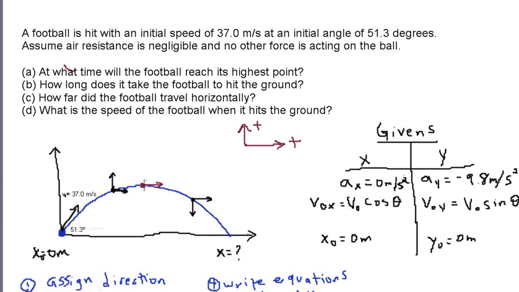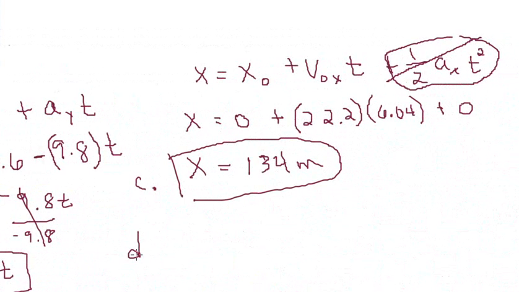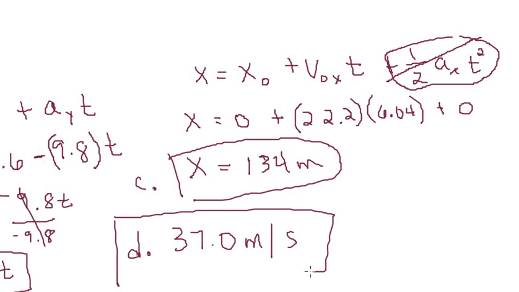But then the football is going to accelerate as it goes downwards. Because there is symmetry, if you started off with 37 meters per second, then the final velocity is also going to be 37 meters per second. So choice D is also 37 meters per second because of symmetry.